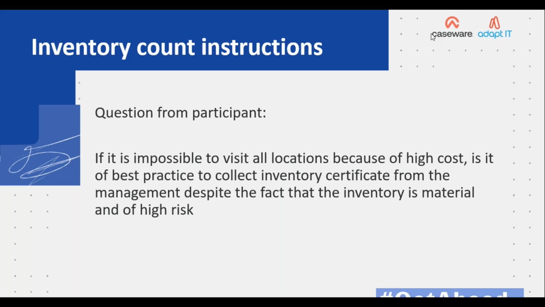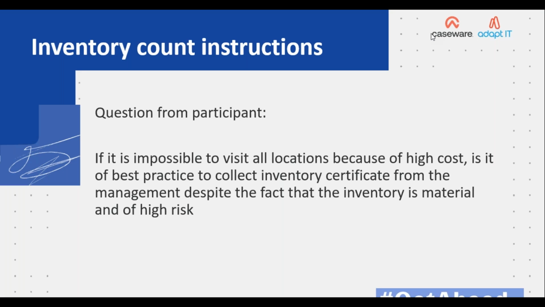Now, we should be able to get the evidence by attending ourselves or getting other auditors to attend, because remember, we're giving our opinion that the process and the control procedures are working.